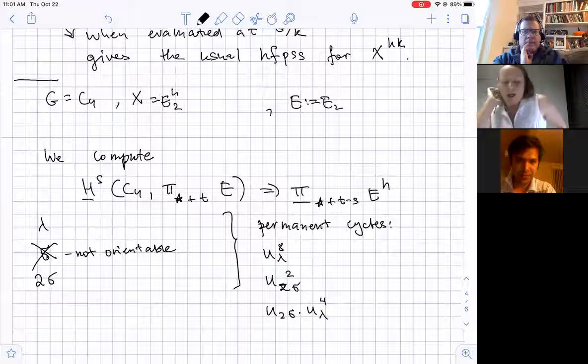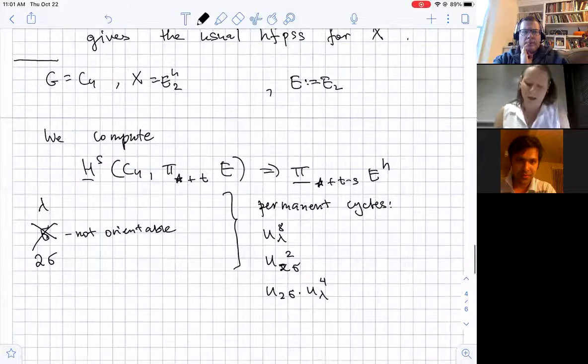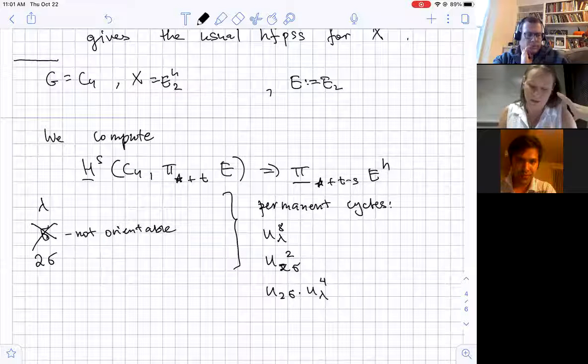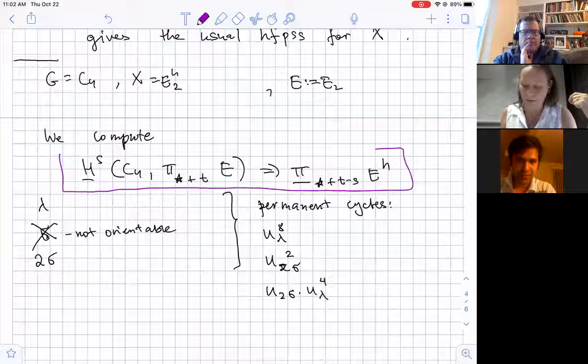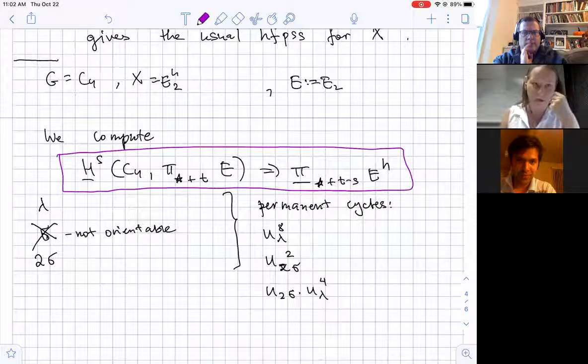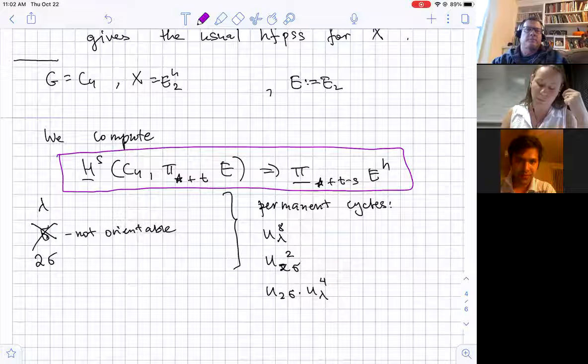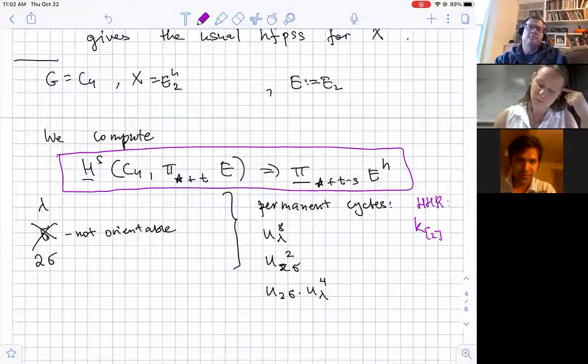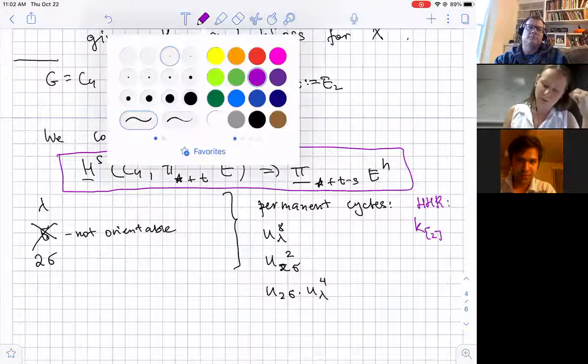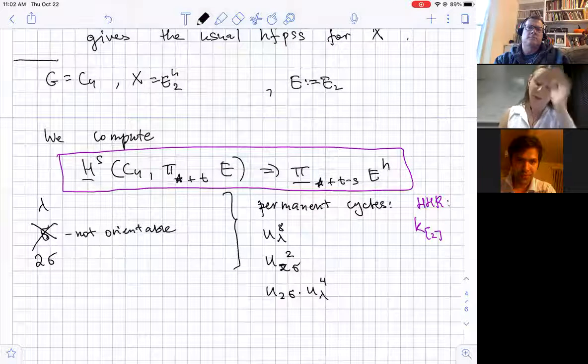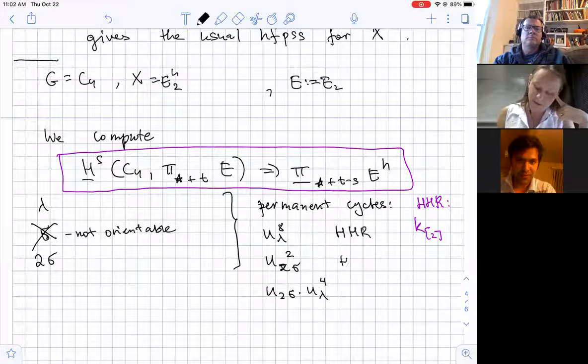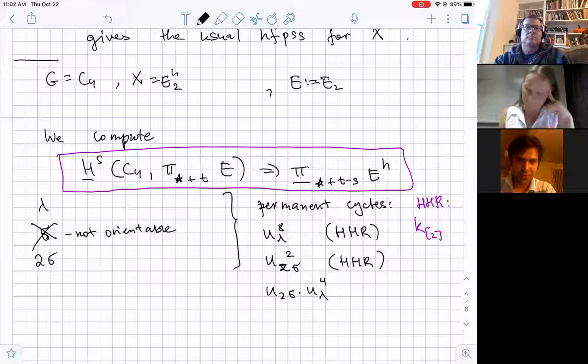A lot of differentials in this spectral sequence are computed by importing them from the Hill, Hopkins, and Ravenel computation of the spectrum K2. So we're able to import a lot of differentials. In particular, the fact that these two classes are permanent cycles follows from HHR computations directly.